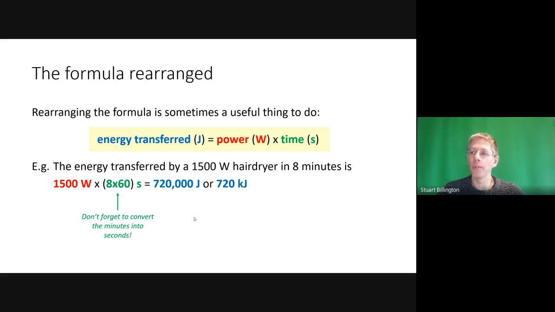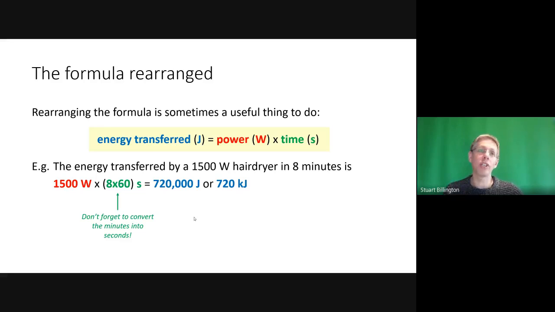720,000 joules. And it's a similar amount of joules for making a cup of tea. Hugely more than that for having a shower in an electric shower. So it really brings home the fact that the joule is a useful unit for little science experiments in a science laboratory.